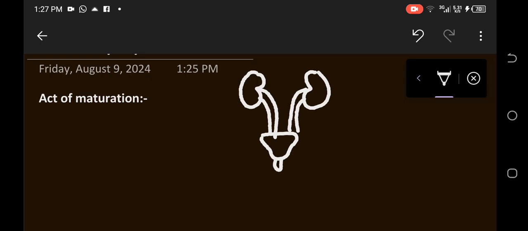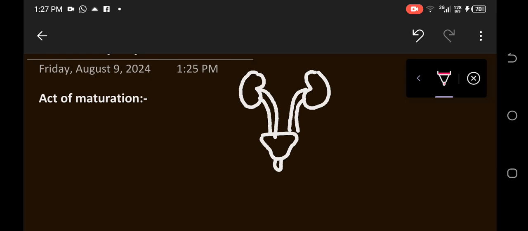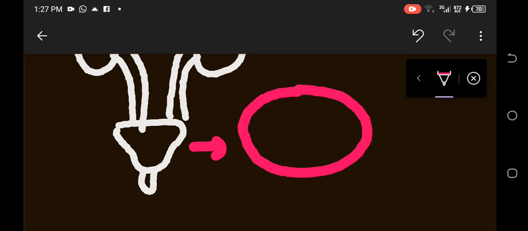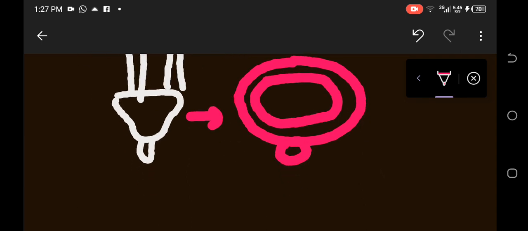Through this ureter, these open into the urinary bladder and then the urethra. Now here you can look into it. In the urinary bladder, two sphincters are present. One sphincter is present over here, and then at the ending point, one is over here and one is over here.